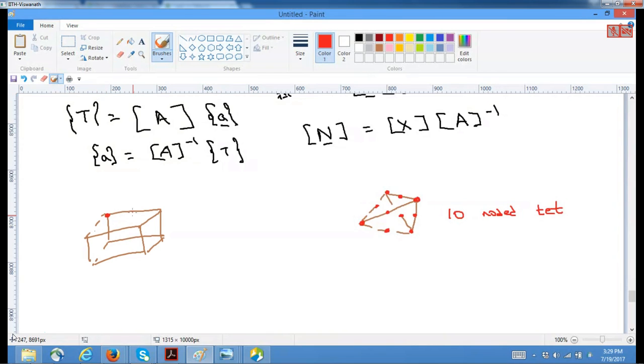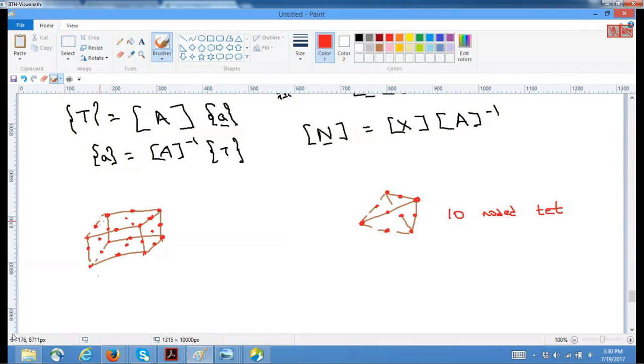Similarly, you can come up with a 27-noded brick. That means that first you will have nodes at every vertex, and then midpoints of each of the lines, midpoint on this face, midpoint on this face.